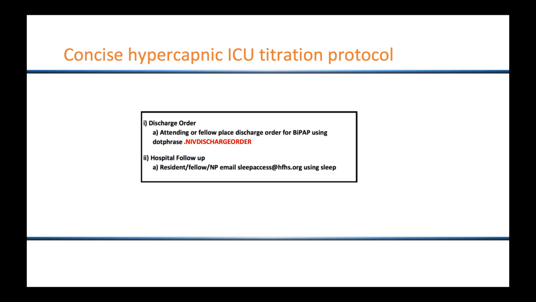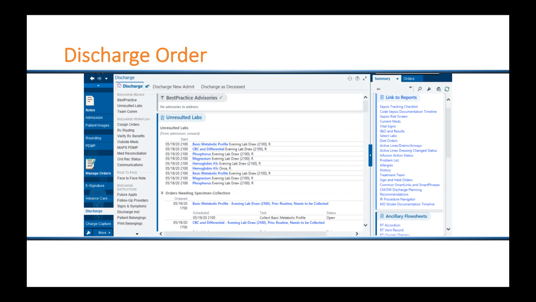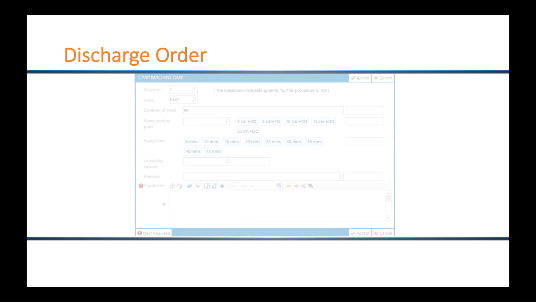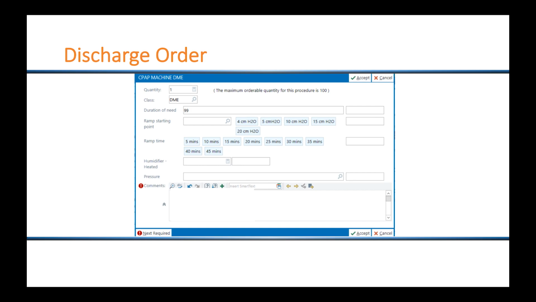After completing the titration, you have to place a discharge order prior to discharge. In Epic, select Discharge, Med Reconciliation, input DME CPAP and select the order. In Duration of Need, place 99. In the comments section, place the smart phrase .NIV discharge order.